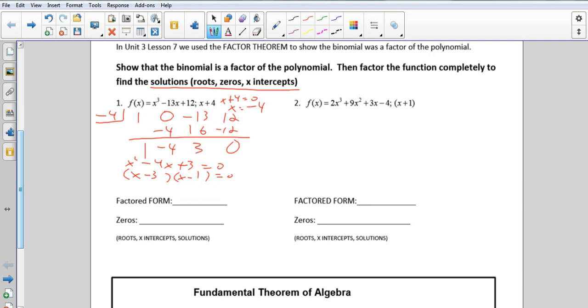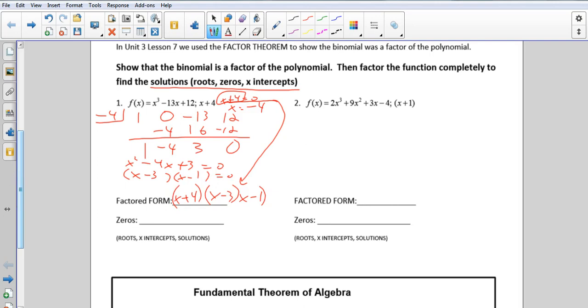So for factored form, the important thing you've got to remember is don't forget to bring this down here also. Try to remember to do that one first, the one you started dividing by, and then the ones you found when you factored.